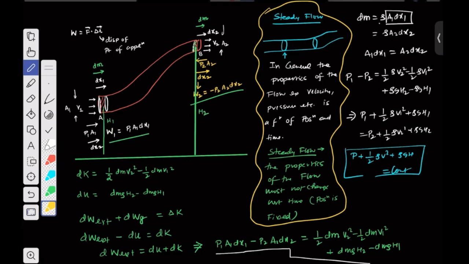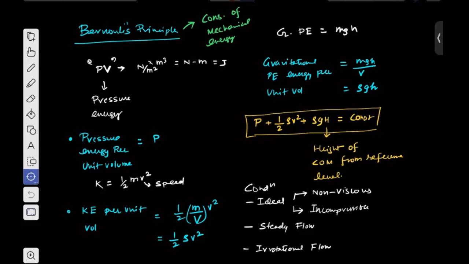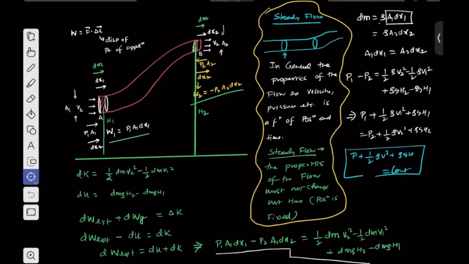All of you understood the proof of this Bernoulli's principle. There's one more way to prove this, but this is enough. And you can look at this Bernoulli equation in a different manner also. That P is a form of energy, which is called pressure energy. From where does it come? That is the energy that comes because of the work that is being done on the system to maintain the flow.